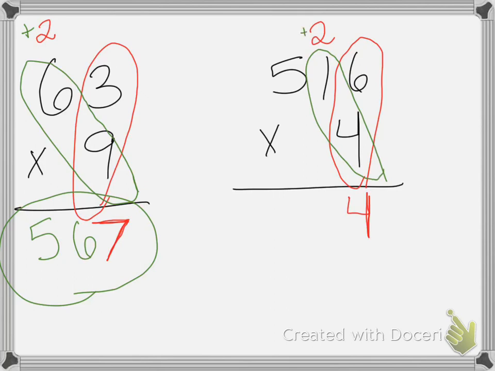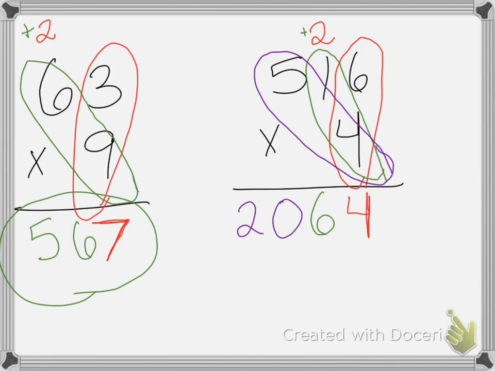Then I add the 2, so that would be 6. Now I have one more step because I've got one more number. I'm going to multiply the 4 times the 5. 4 times 5 is 20, and that's going to be 20 hundreds. So my full answer is 2,064.